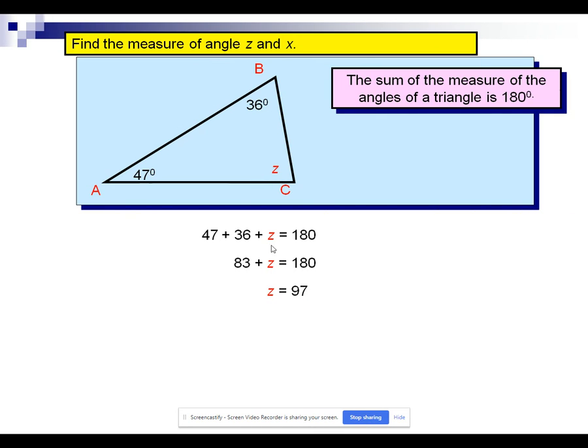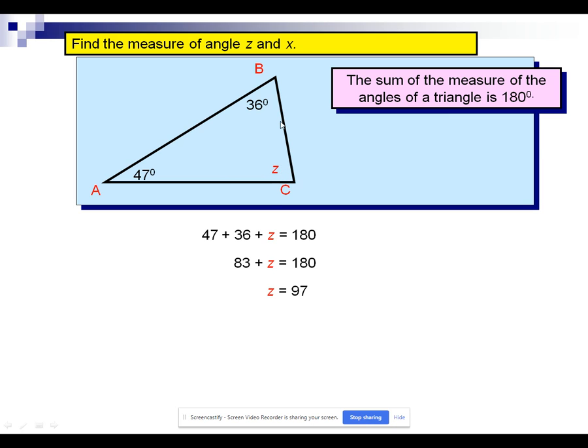Now, something to keep in mind when it comes to these problems: if you looked at angle Z, this obviously is an acute angle, so there's no way this picture would show it being 97 degrees. But remember, when you're doing problems on a quiz or a test or any assignment, just because the angle doesn't look like it could be an obtuse angle doesn't mean it won't have an answer bigger than 90.